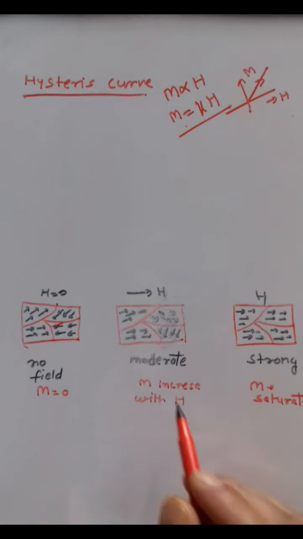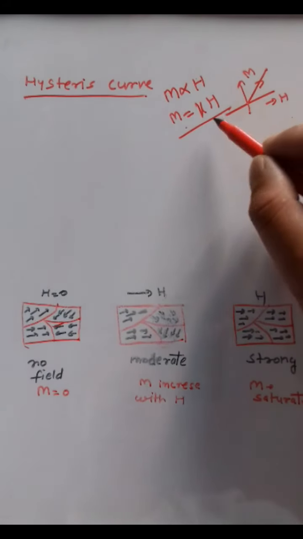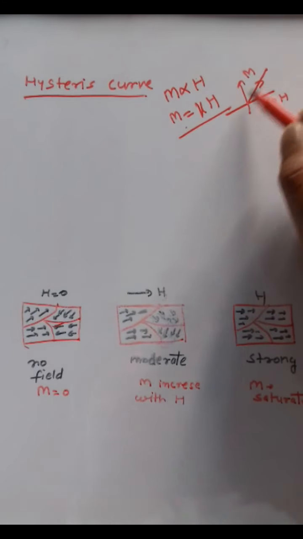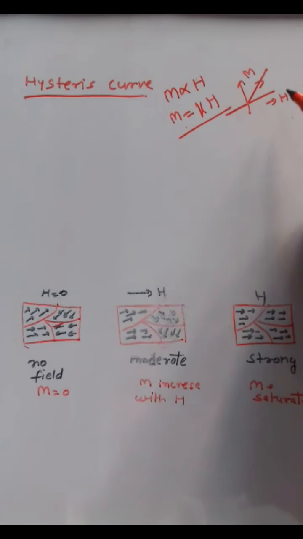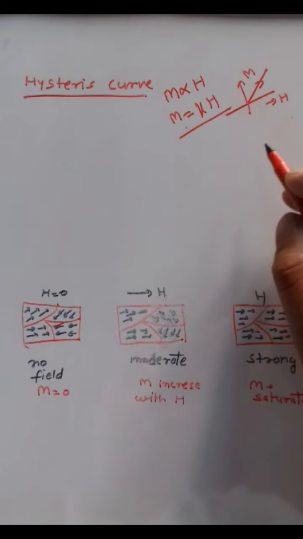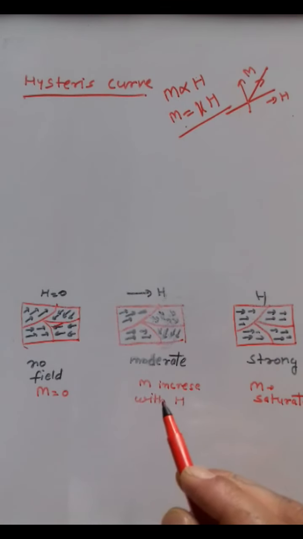If we consider a ferromagnetic material, here the curve is not a straight line, it is like a curvature nature. This is because the permeability of these ferromagnetic materials is not constant like diamagnetic materials. The permeability of ferromagnetic materials depends on the external field.